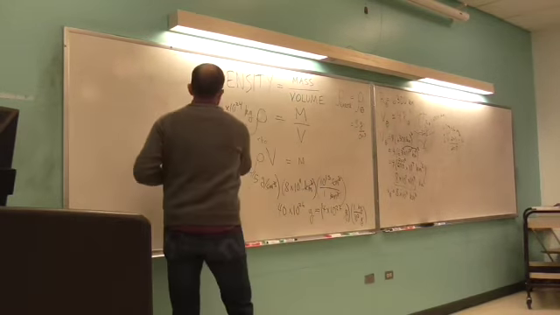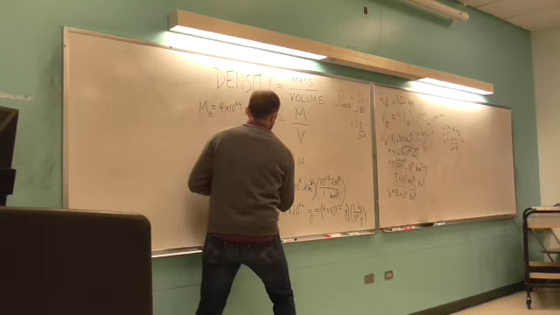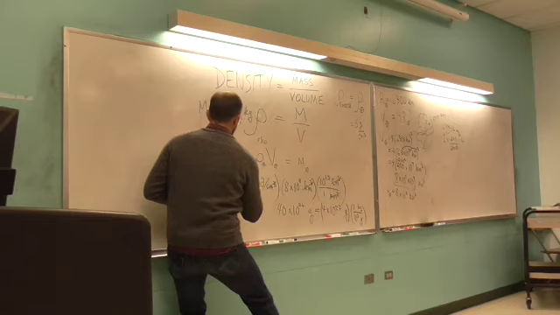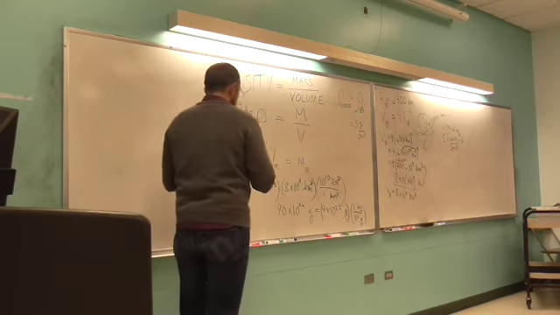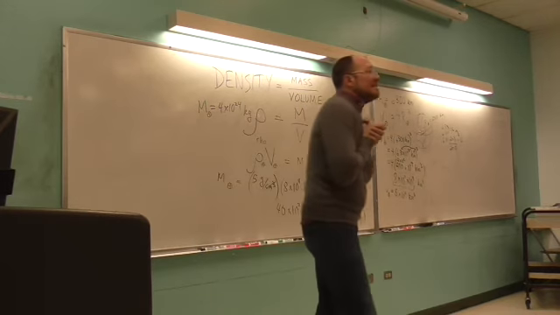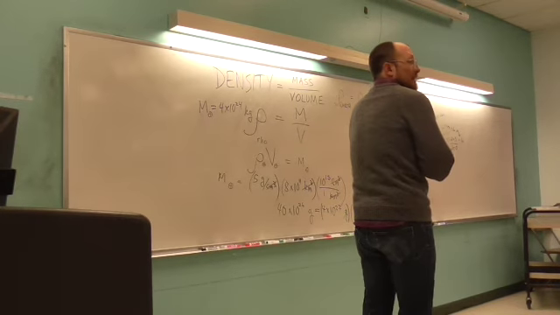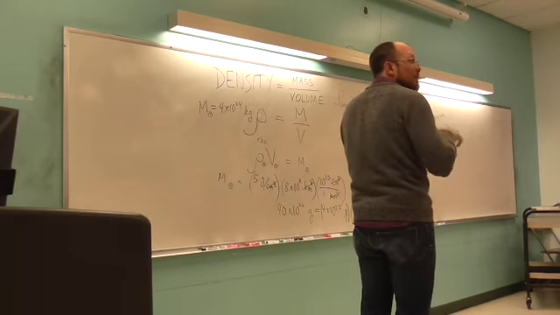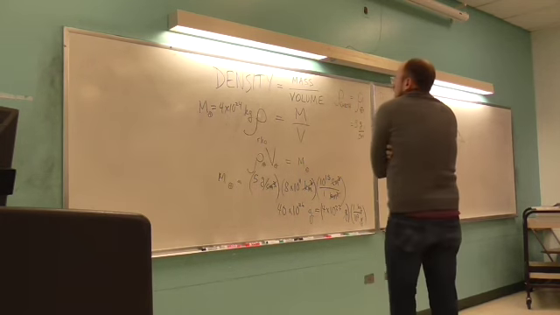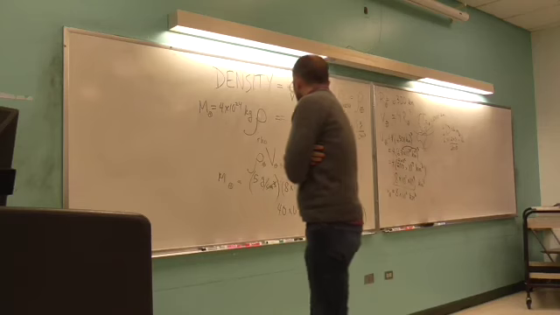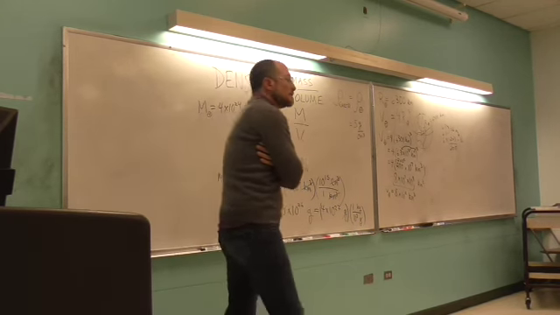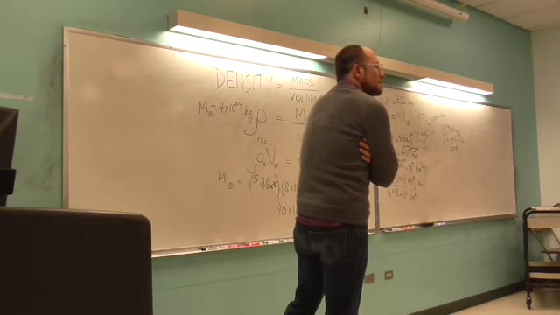So I get that the mass of the Earth, which is what I was calculating here, is 4 times 10 to the 24 kilograms. Does anyone look up the mass of the Earth? Type it into Google. Where did you get the 10 to the 15?